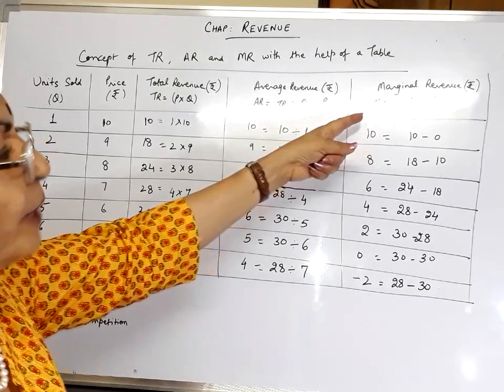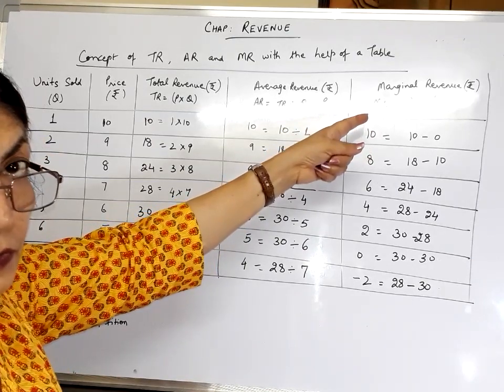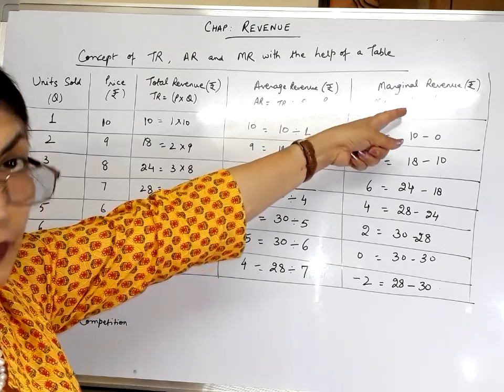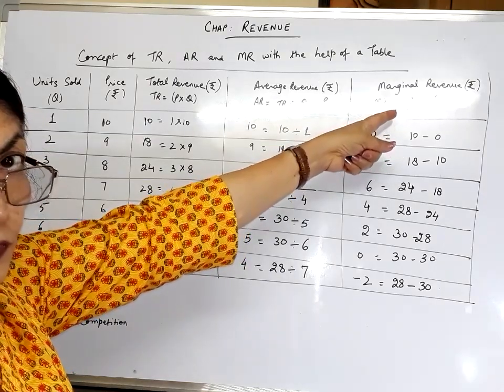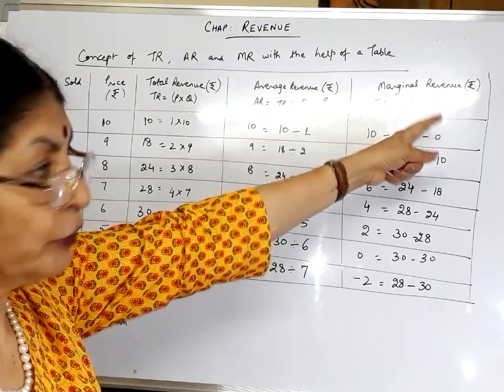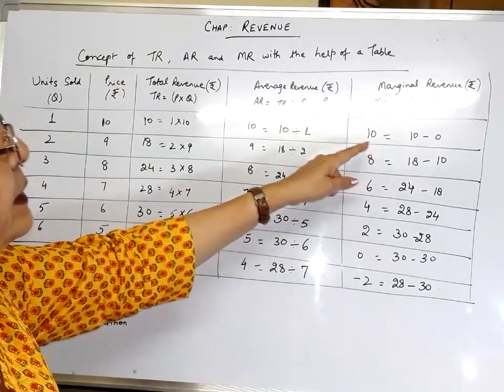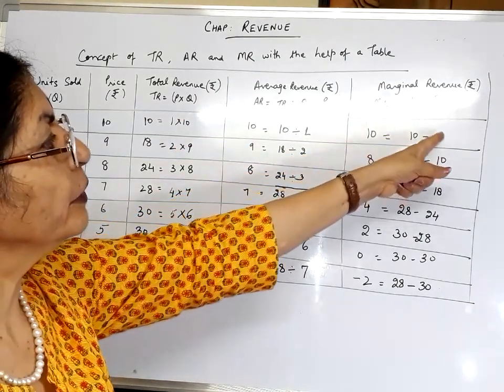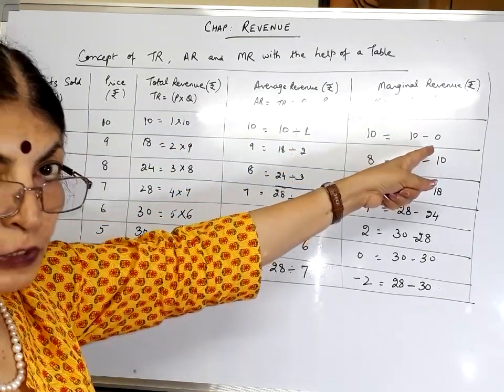Marginal revenue. Marginal revenue is the revenue received from producing an additional unit of output. We have done the formula earlier: total revenue of n units minus total revenue of n minus 1 unit. So we calculate it: before the first unit, the total amount of money received is 0.